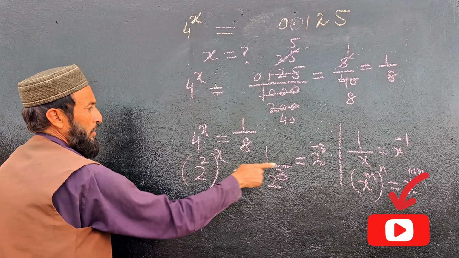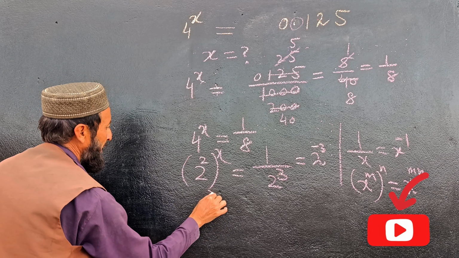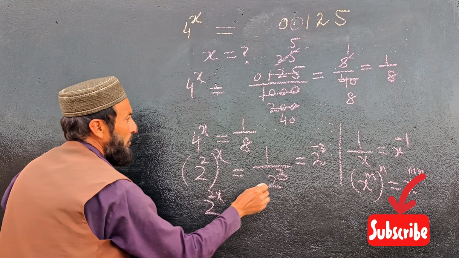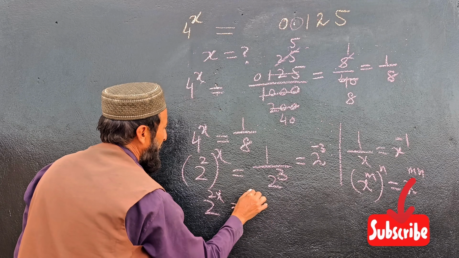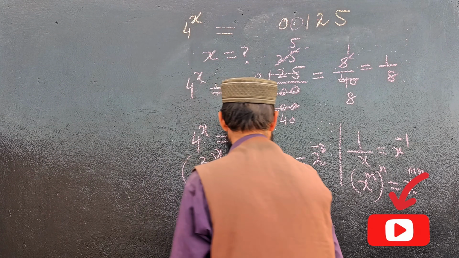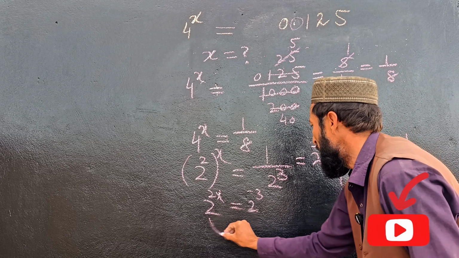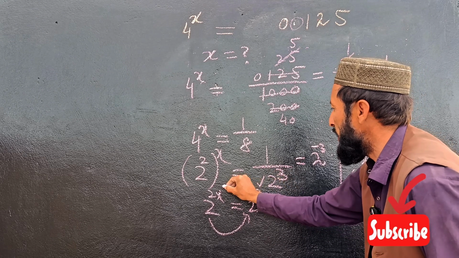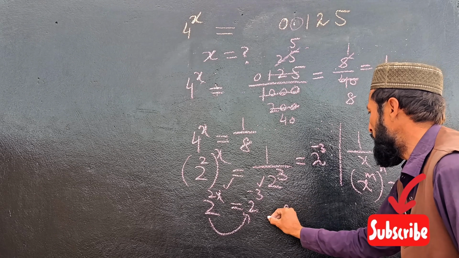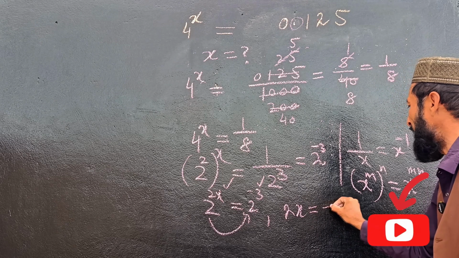According to this exponent rule we are applying here, 2 exponent of 2x is equal to 2 exponent of minus 3, and here the bases are the same, so we compare the exponents to each other. 2x is equal to minus 3.